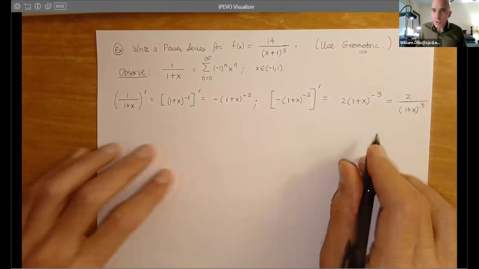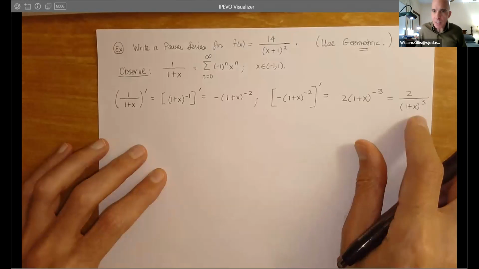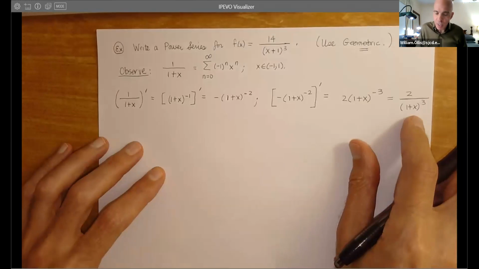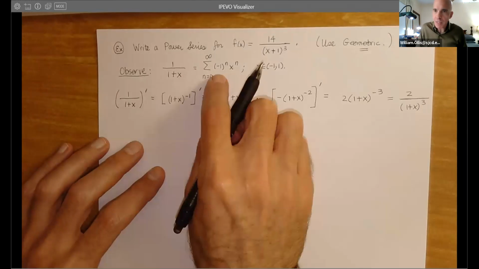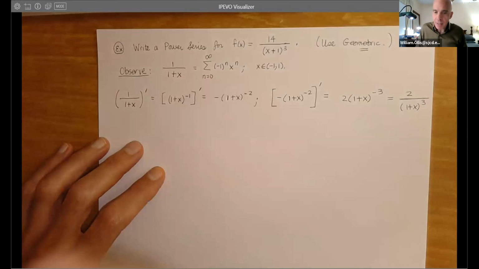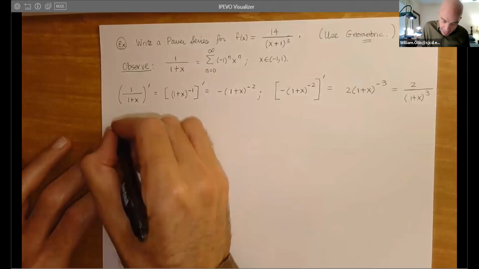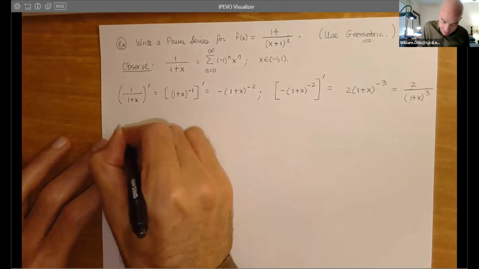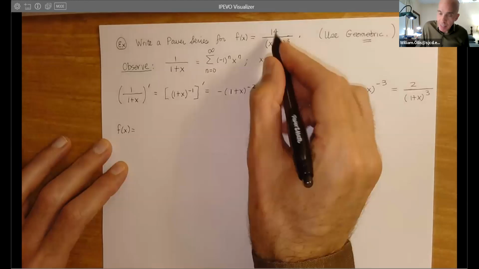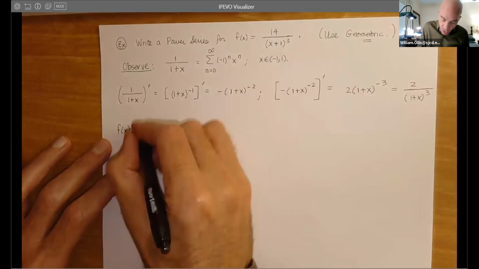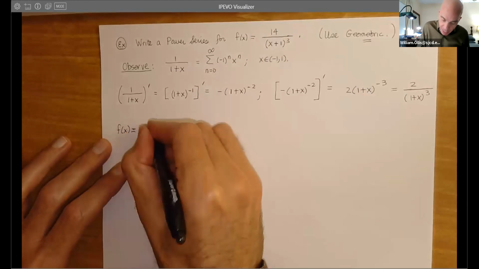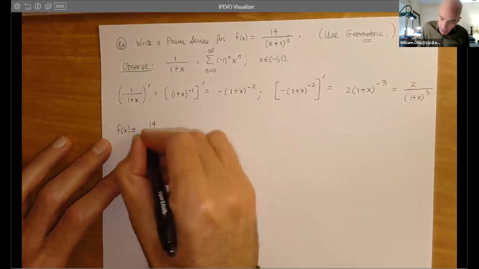So when you look at this, you're like, okay, well, we can do this because we can do term by term differentiation of this series to rig this. So now we got it. So let's do it. f of x is 14 times this. Let's just write this, 14 times 1 over (x plus 1) cubed.